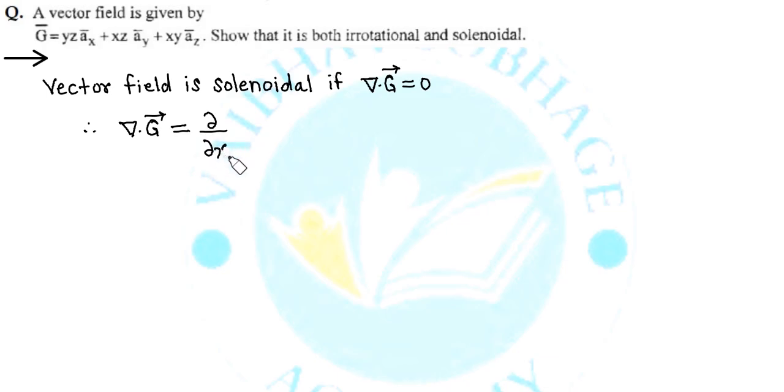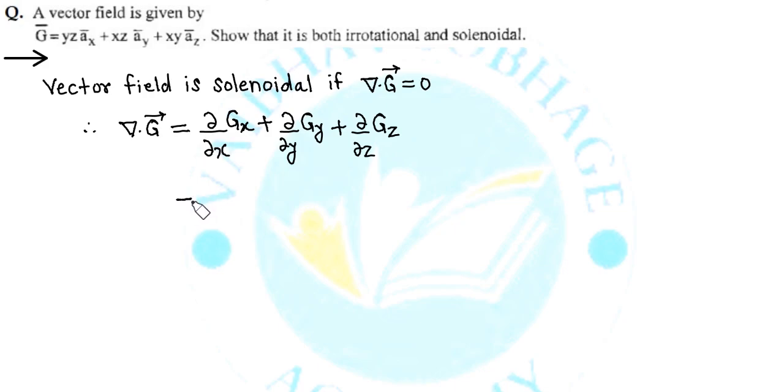So that is equals to d by dx of your magnitude along x direction of your given vector g, then d by dy of magnitude along y for your given vector g, and that is again plus d by dz of magnitude along z direction for your given vector g.